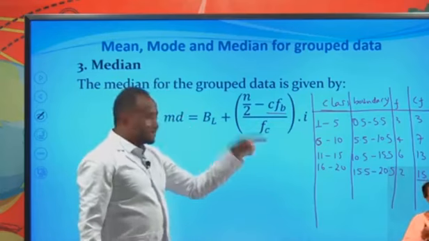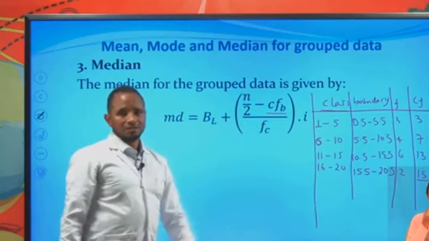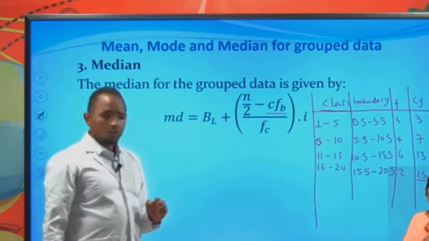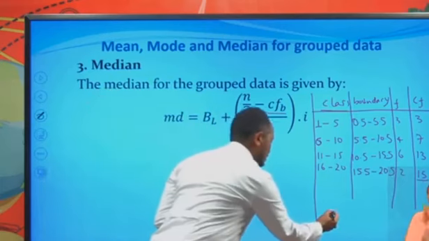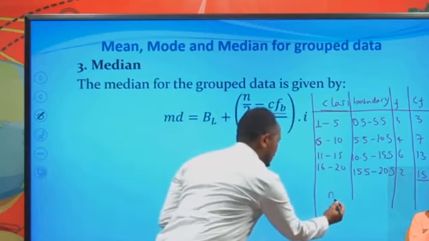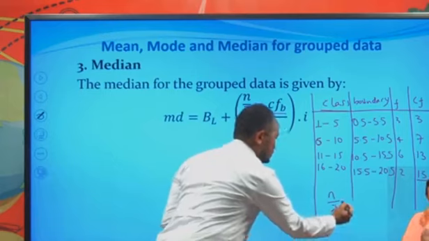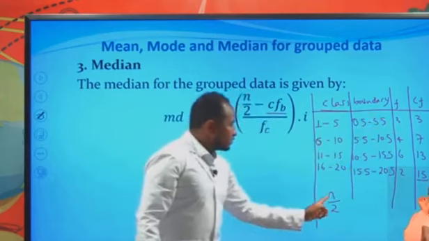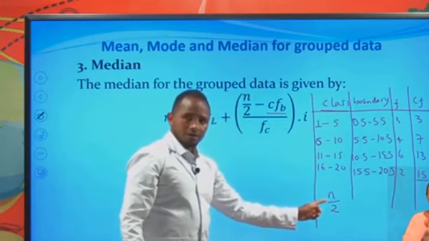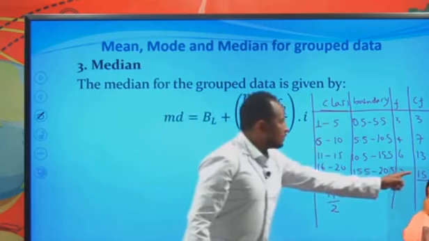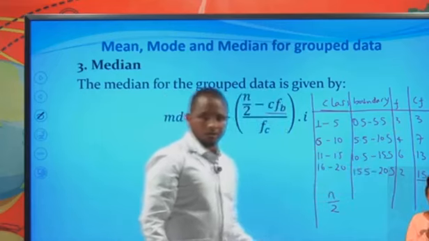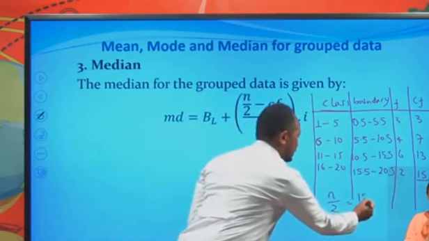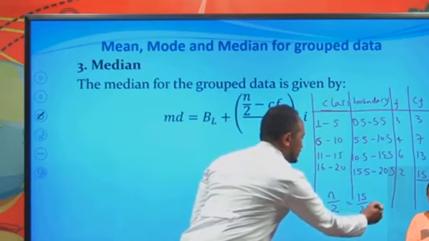To apply this formula, we first need to find the median class. The median class is obtained by dividing n by 2 and taking the least cumulative frequency which is greater than this value. Here the total data set is 15. When you divide 15 by 2, it is 7.5.